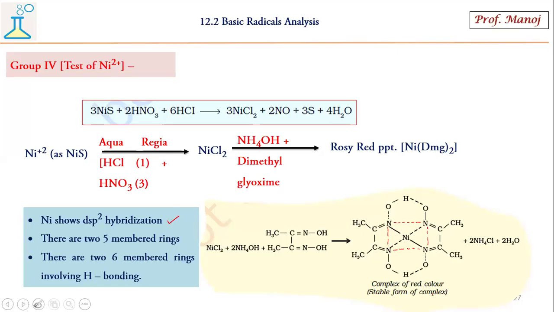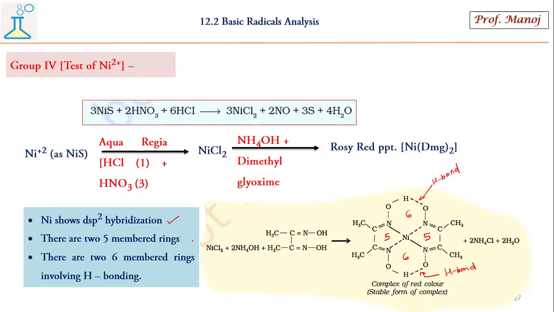You will find two kinds of rings over here. One type of ring here is this one, this side, which is a 5-membered ring and a 5-membered ring. And here there are two 6-membered rings. But in the 6-membered ring, this is a hydrogen bond. Here also, this is a hydrogen bond.